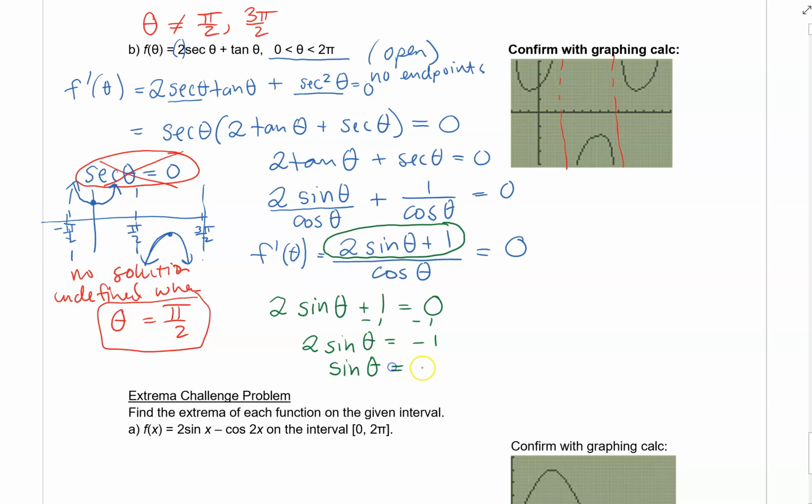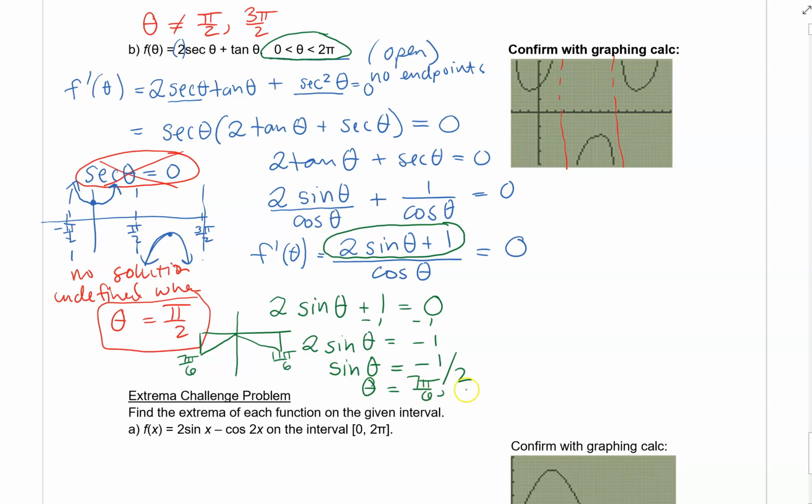And so basically I'm trying to figure out when sine of theta is equal to negative 1/2 between 0 and 2 pi. So you think back to your unit circle. Sine is negative when you're in the third and fourth quadrant. So I need to find those two answers. And it's negative 1/2 at the pi over 6's. So it's at 7 pi over 6 and 11 pi over 6. So those are two critical points right there.